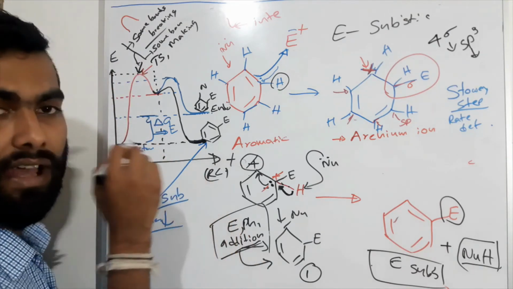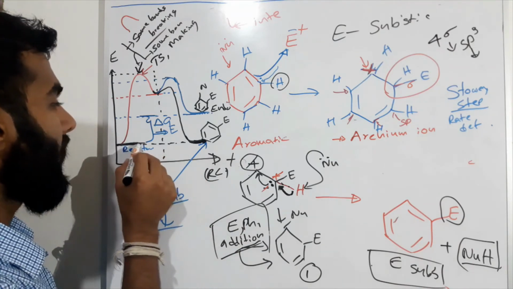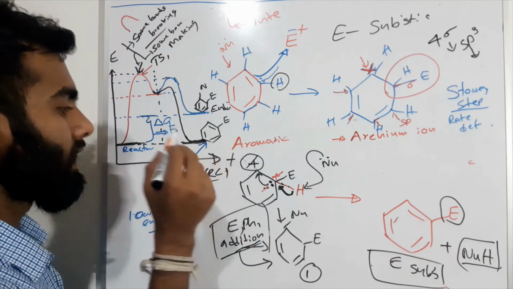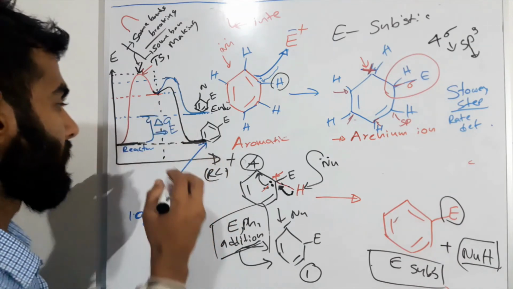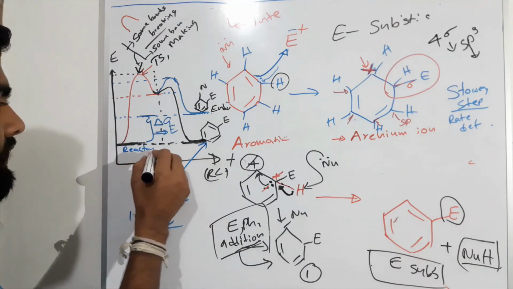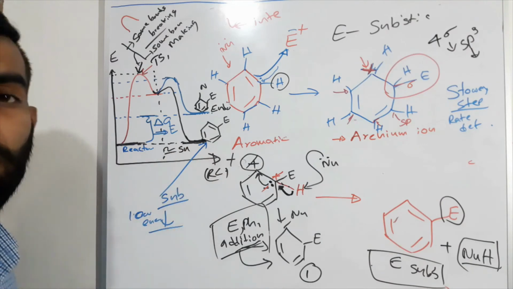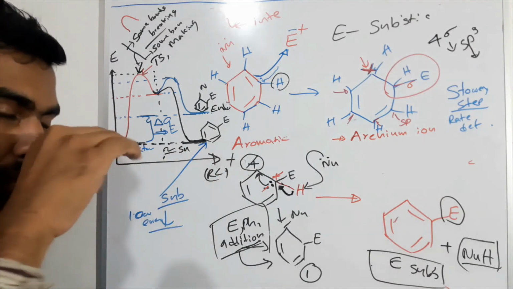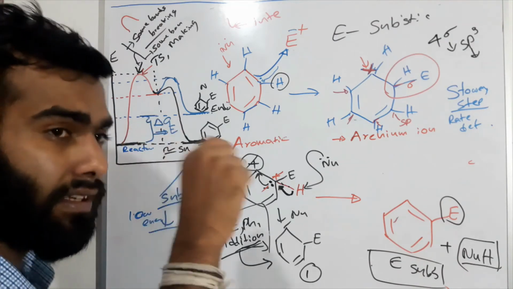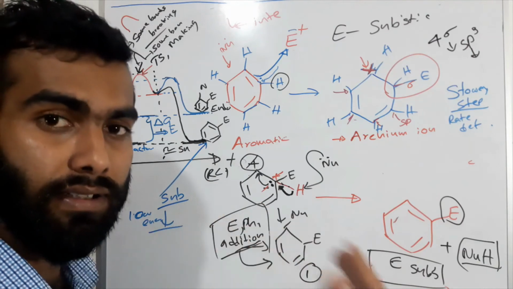However, in this type of reaction with benzene, the energy of the reactant and the electrophilic substituted product are nearly equal. It is very slightly lower than the reactant, so it is an exergonic reaction and will release energy.